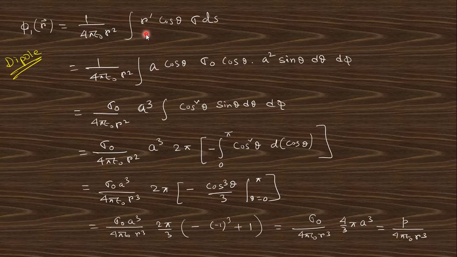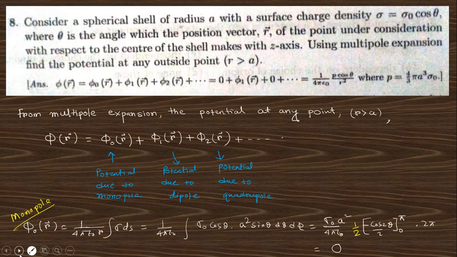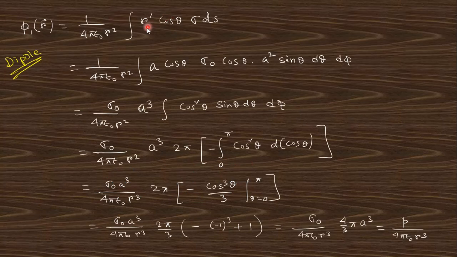Actually, this is on the surface, so r prime is a. Here sigma is sigma 0 cos theta, and ds is a square sin theta d theta d phi.